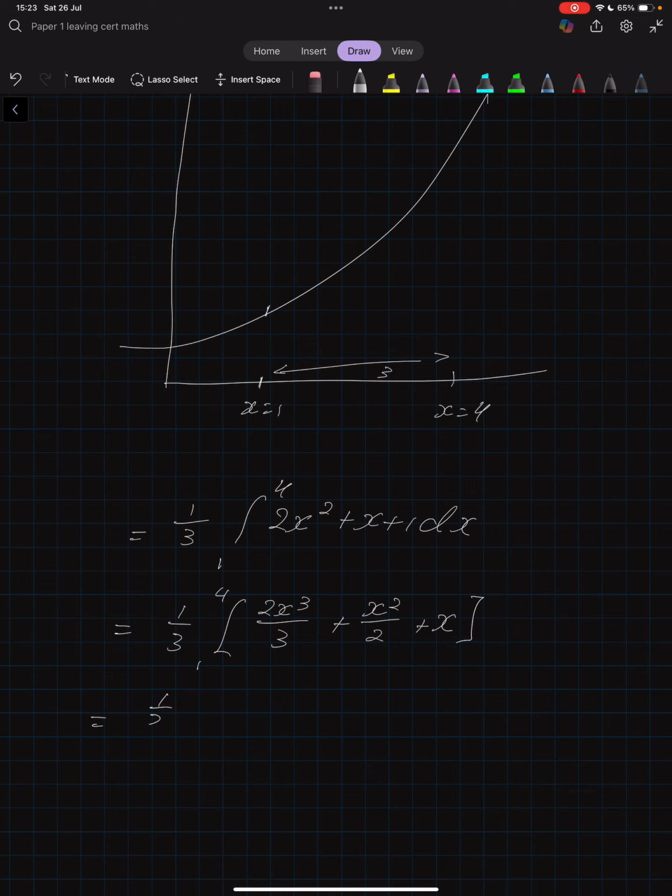So it's a third into, if I plug in 4, I'm going to get 128 over 3 plus 8 plus 4, minus 2/3, minus a half, minus 1.